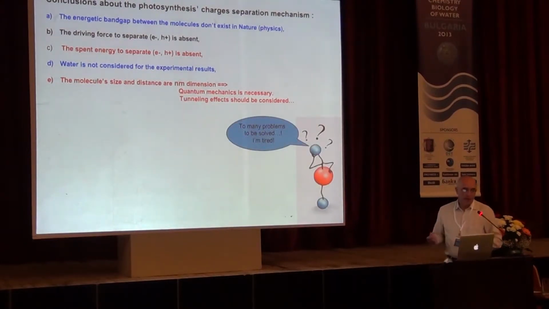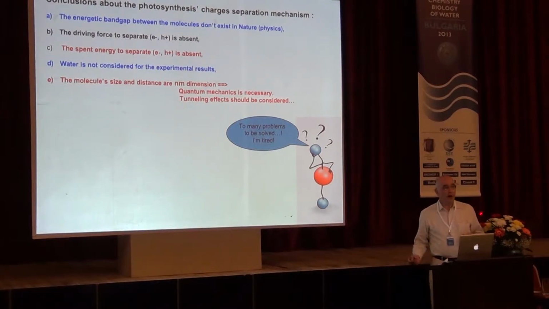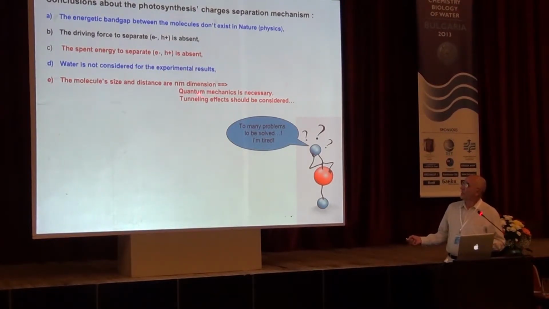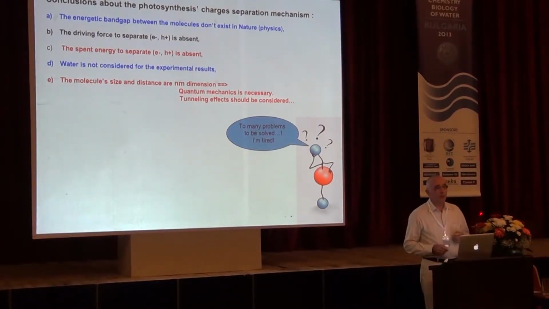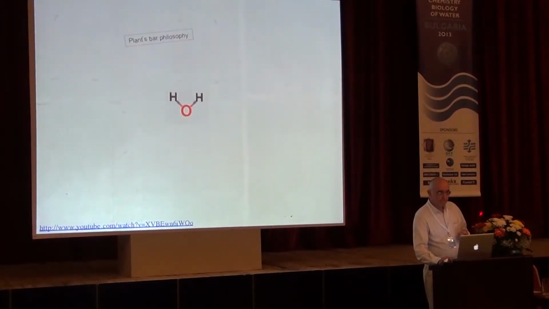And this part is never considered if we cannot take water from the leaves or the plants and say, well, it works like this. And as the molecules and distances between the molecules are nanometer size, we have to consider quantum mechanics, tunneling, and so on.